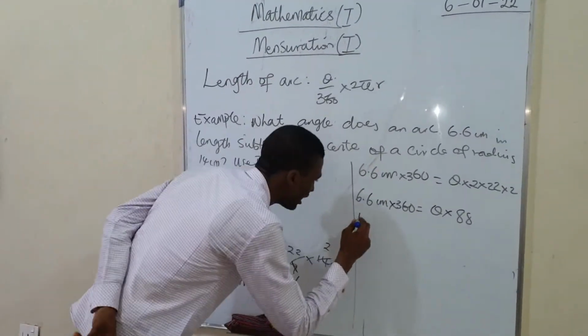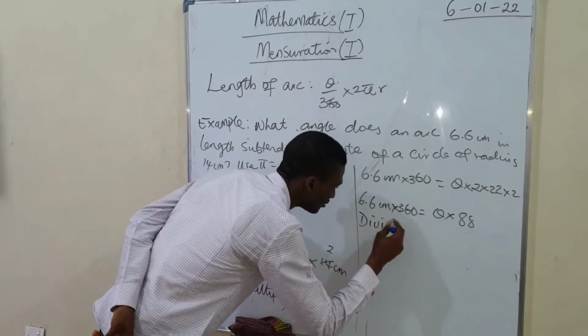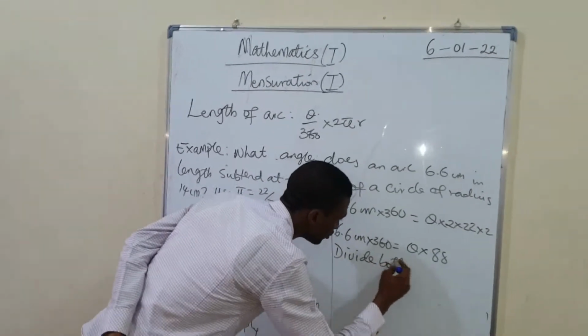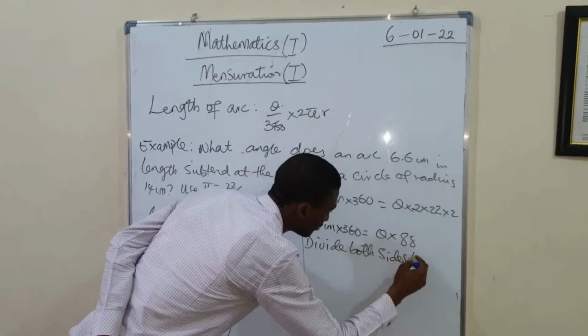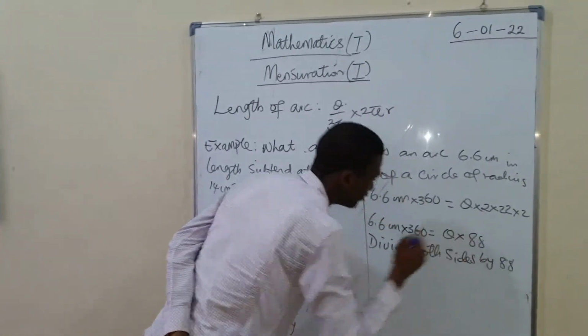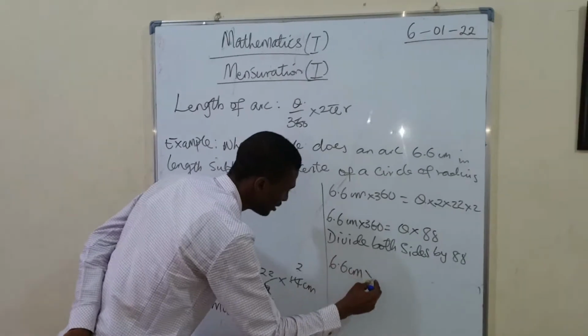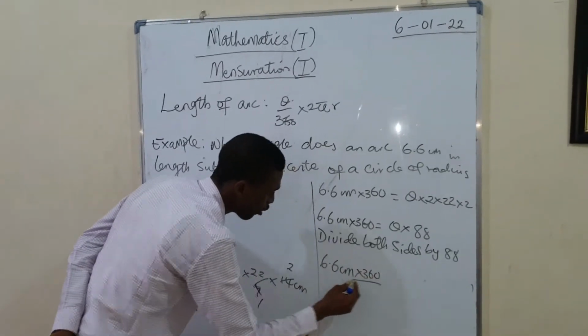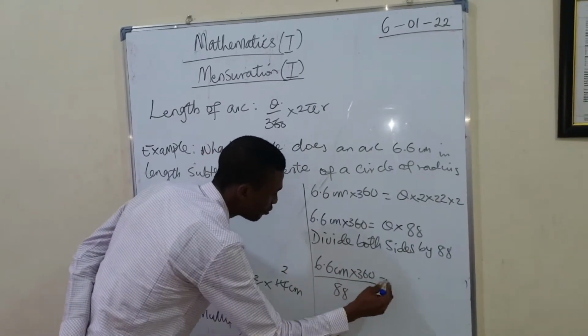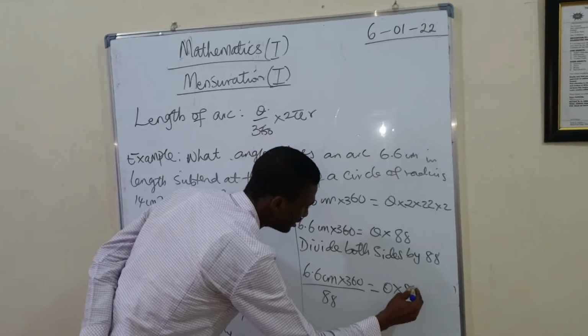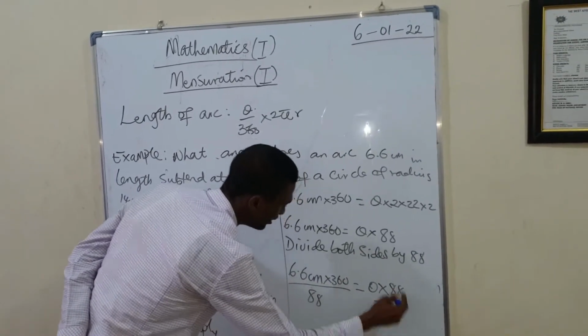For us to find theta, we divide both sides by 88. This will give us 6.6 cm times 360 all over 88 equals theta times 88 all over 88.